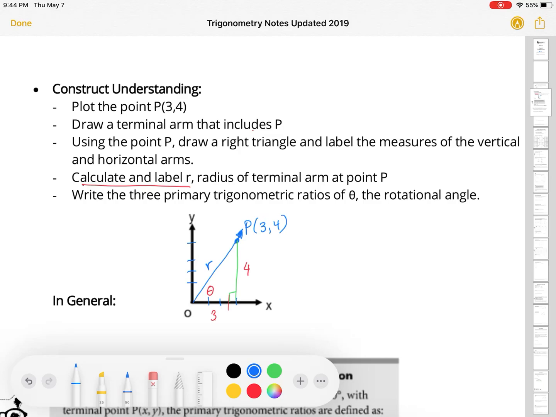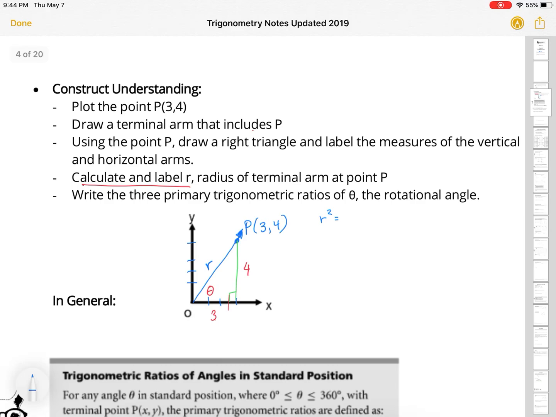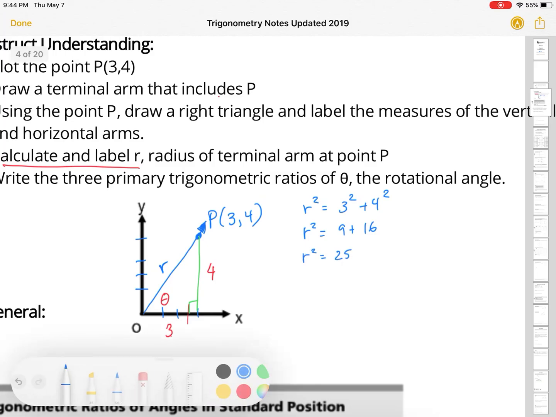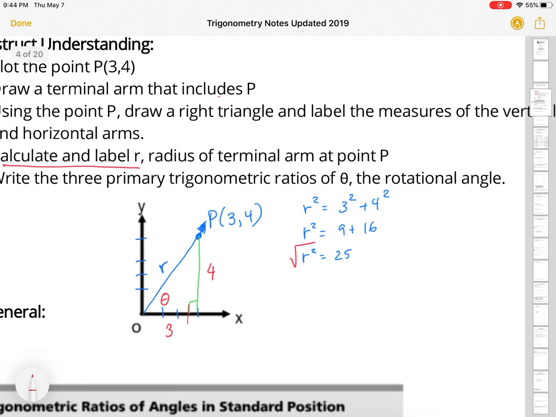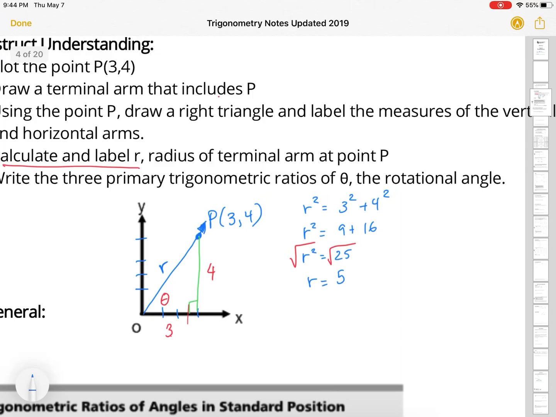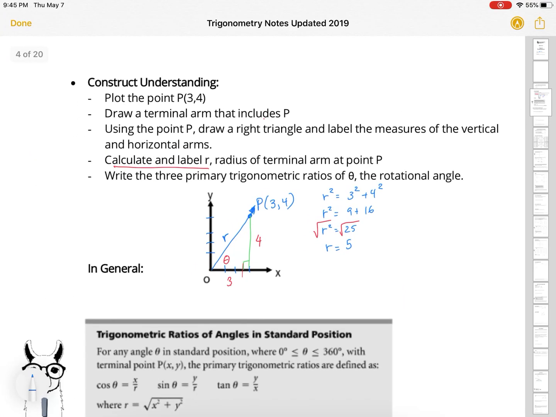What we have is a right angle triangle, so we're going to do that using our Pythagorean theorem. r squared would be equal to 3 squared plus 4 squared. So r squared equals 9 plus 16. r squared equals 25. To figure r out, we take the square root of each side, and we get r is equal to 5.